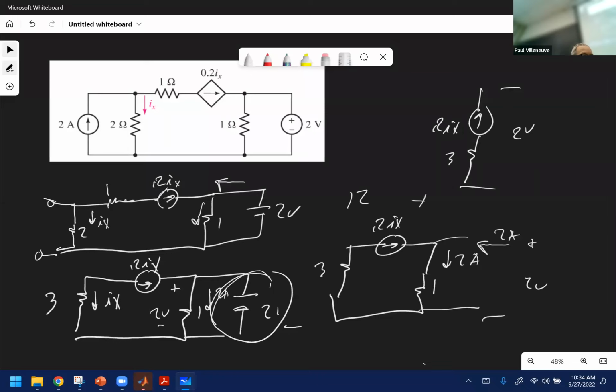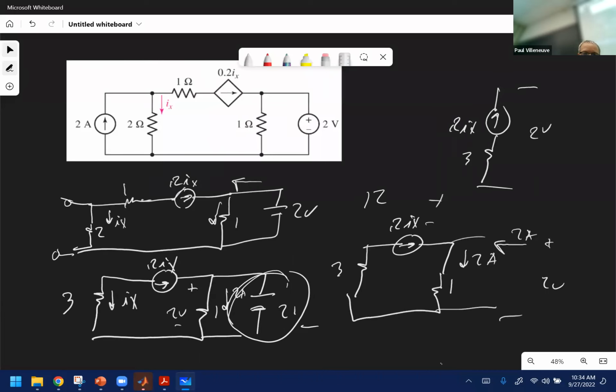Yeah, this one you might not be able to, or it actually might be that IX is equal to 0. Because this current here has to be the sum of these two. Well, that would mean that I is equal to 0 here.